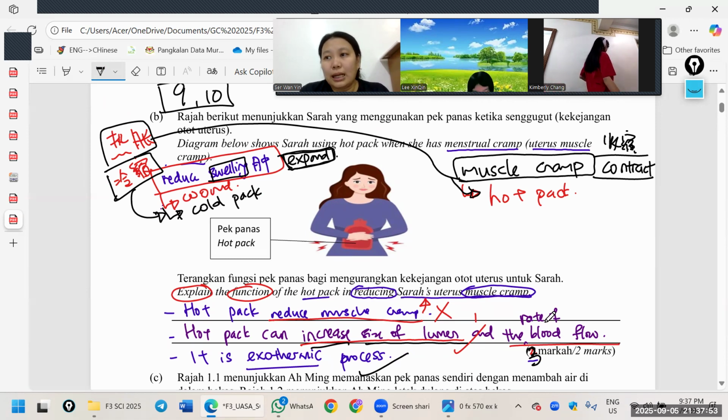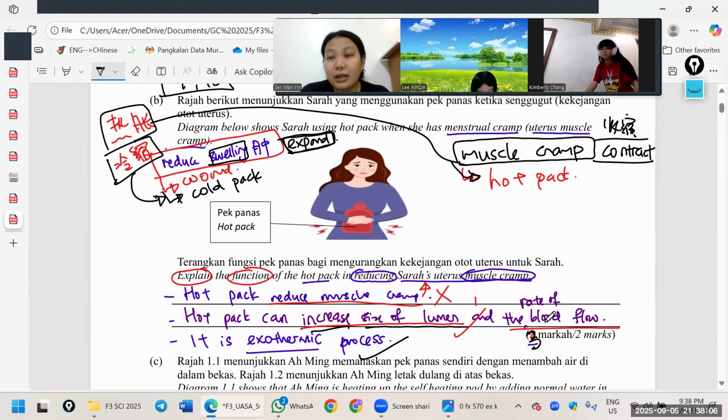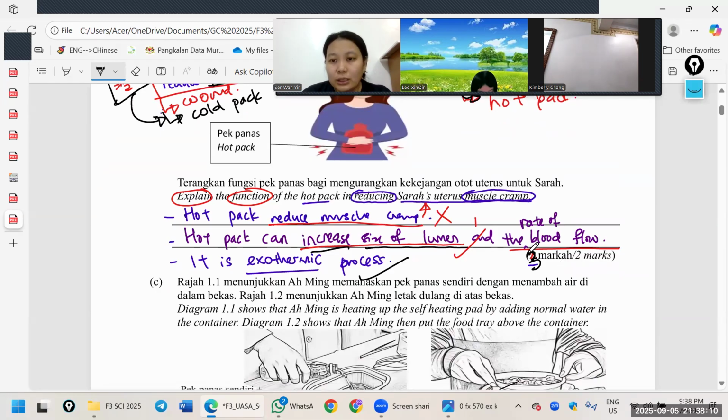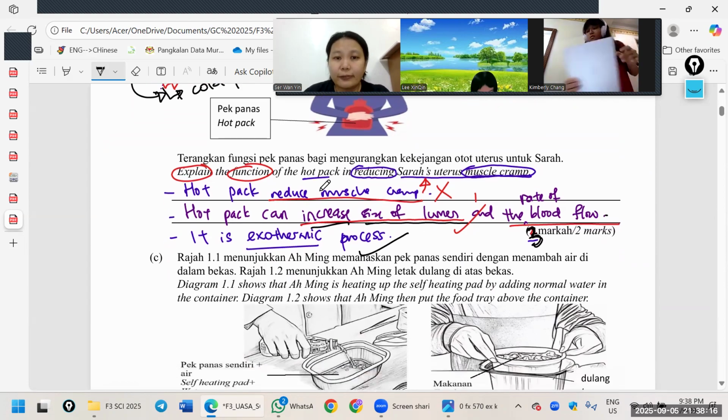So what's the idea of answering the question? Name it first. Name what you learned from the chapter first. Then you explain the rest, you explain the function. But of course, if 3 marks, it will be 1, 2, 3. One of the marks must be the process.